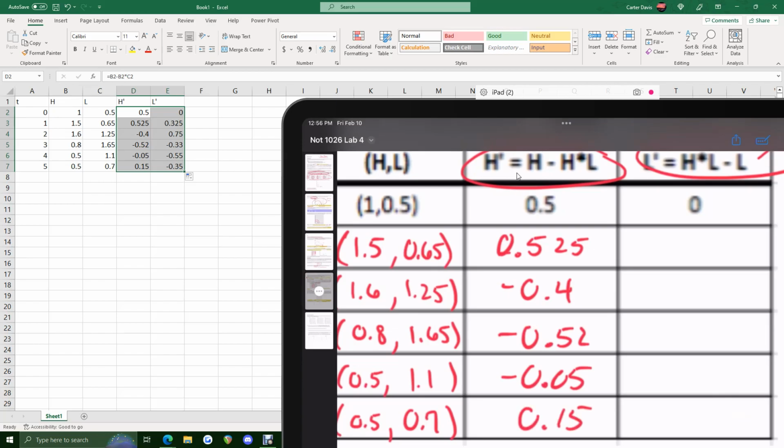And then 0, 325, 75, negative 33, 55, and 35.